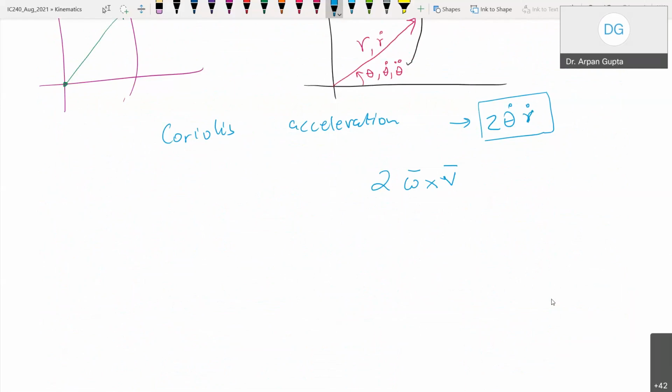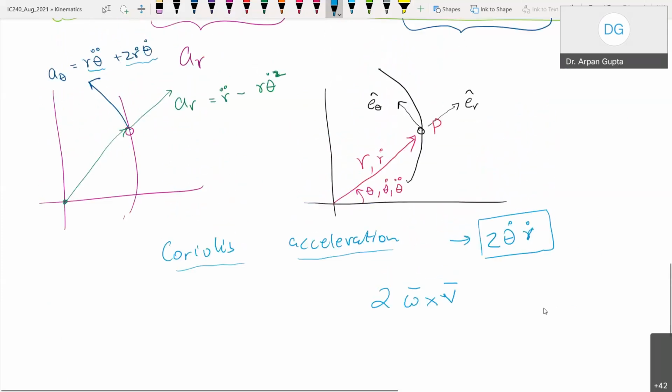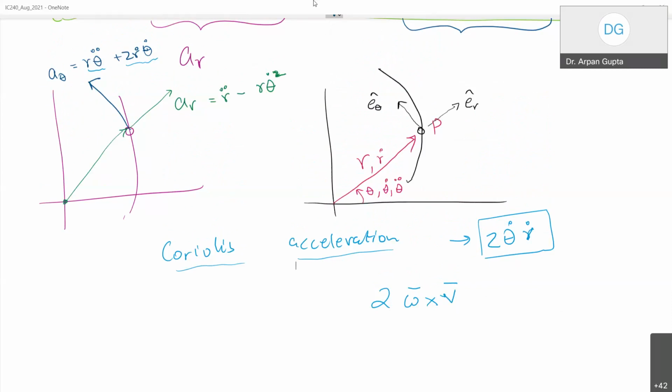For more complicated systems, this is given by this vector equation. Although we are introducing this concept here, mechanical engineers will study its application in their advanced courses, because for more complicated machines you will see that these kinds of components come in. So if there is a particle which is rotating, and at the same time it has a velocity, these kinds of acceleration will come into the picture.